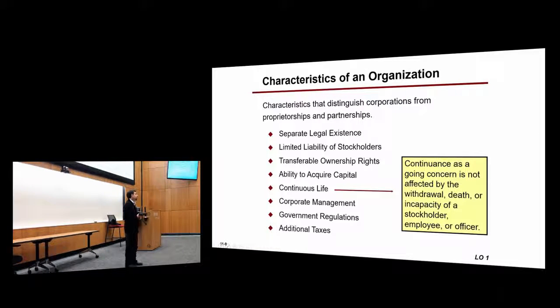So if one of the owners, one of the investors, one of the shareholders dies, it doesn't affect the company. As a result, the company will have a continuous life as long as it is financially performing well. As long as it's not going bankrupt, the company will remain indefinite.